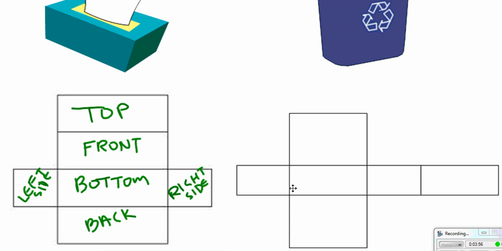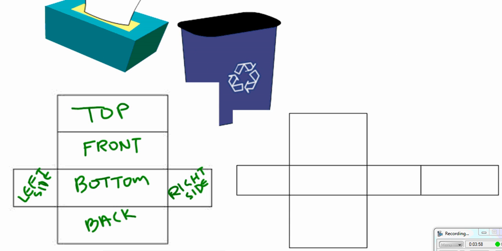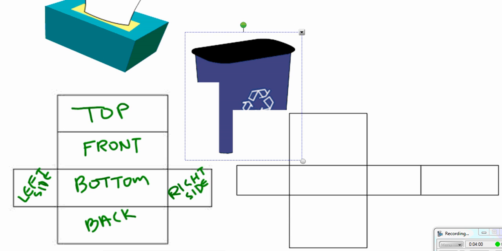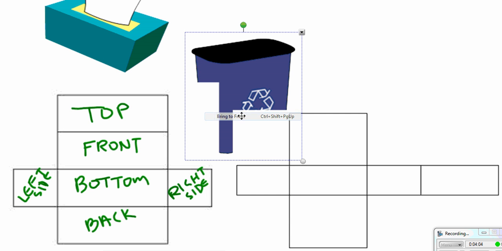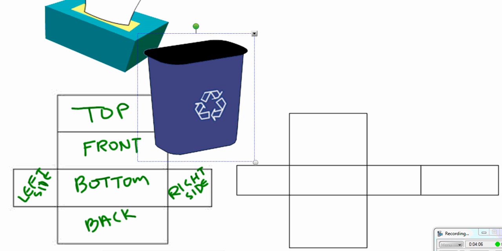Or we could do a representation like with the recycling bin. Okay, so if we're looking at the recycling bin, so now looking at this larger shape, so this is the front. And then on our net, this would be the front.